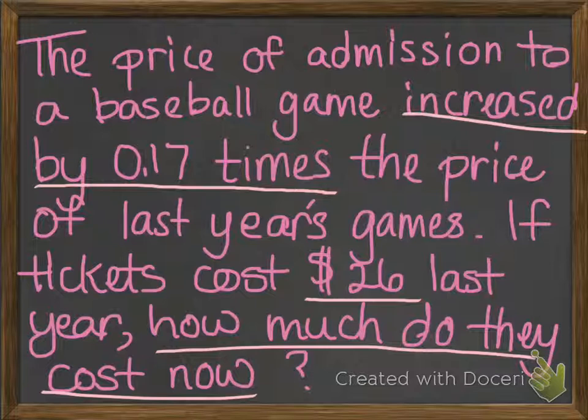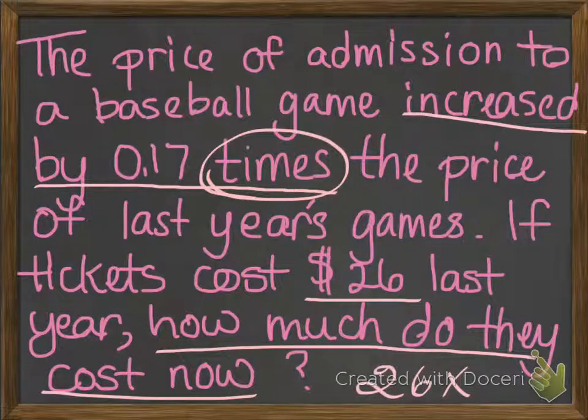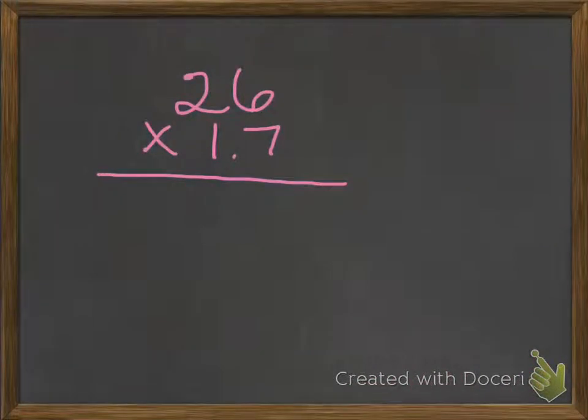So we've also got to figure out what operation we're going to use, and our clue is right here in that word times. Times means multiplication, and you can hear it when you say 26 times 0.17 or $26 times 17 hundredths. So let's use the standard algorithm.